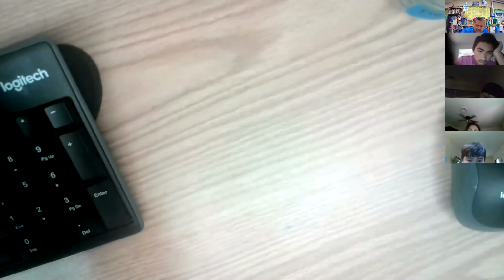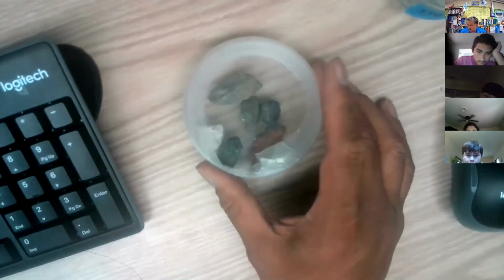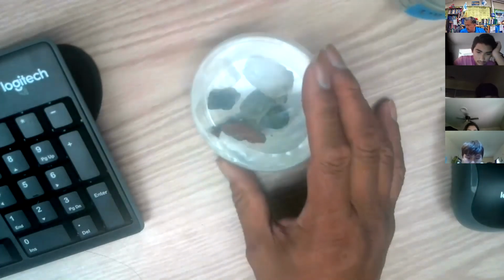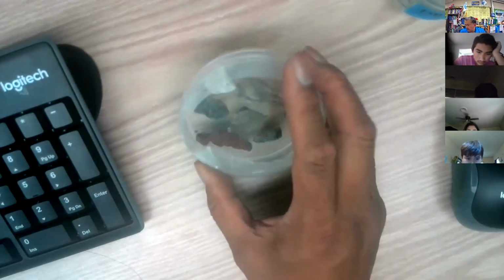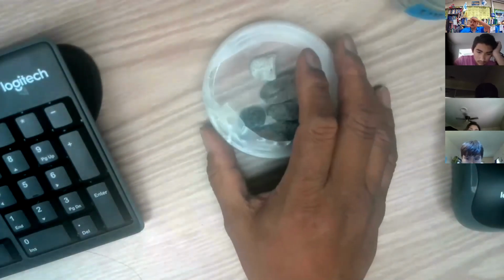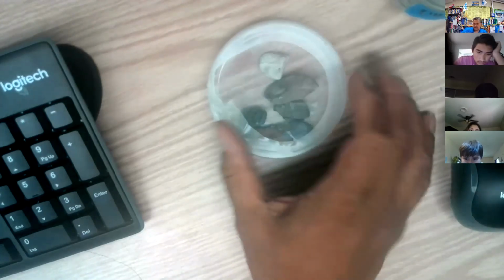So I have some mineral rocks that I grabbed. My geology is not as good as it used to be, so I don't even know what some of these rocks are, but there's granite and feldspar. What's that white one? That white one is not quartz, but the name is slipping.